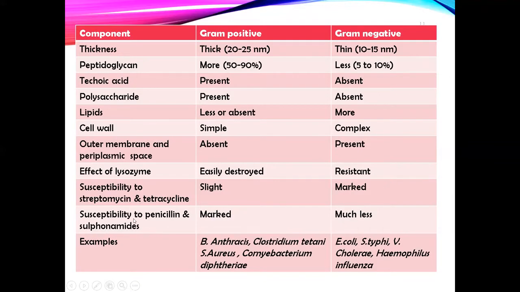Susceptibility to penicillin and sulfonamides is marked in gram-positive, while in gram-negative it is much less. Examples of gram-positive bacteria include Bacillus anthracis, Clostridium tetani, Staphylococcus aureus, and Corynebacterium diphtheriae. Examples of gram-negative bacteria include E. coli, Salmonella typhi, Vibrio cholerae, and Haemophilus influenzae.